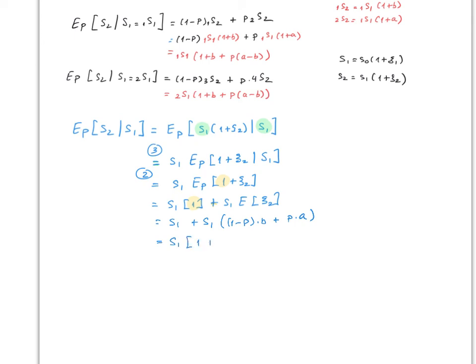It will give you 1 plus 1 minus P times B plus PA. And then if you rearrange the inside, this will give you 1 plus B and then plus P times A minus B. Okay, so now notice the similarity between this and if you add these two answers.